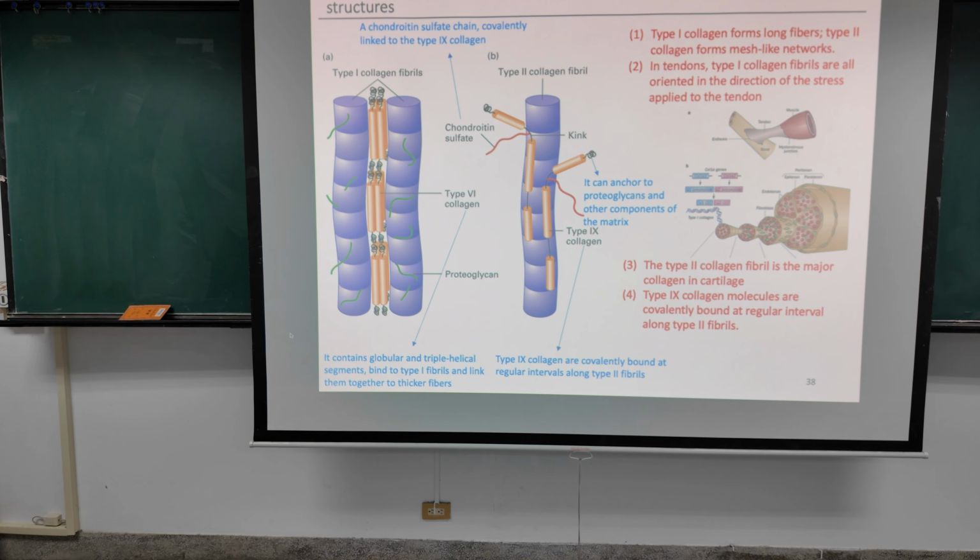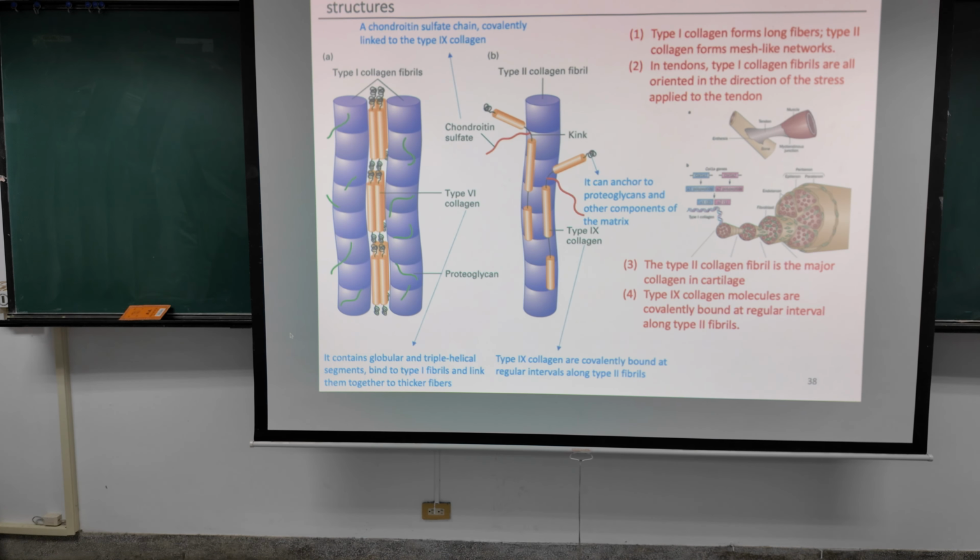Type 1 collagen usually binds in some tissue called the tendon. This will be the tendon, and then if you look at the collagen here, the type 1 collagen is all oriented in the direction of the stress applied to the tendon.